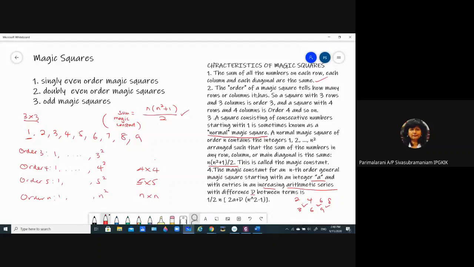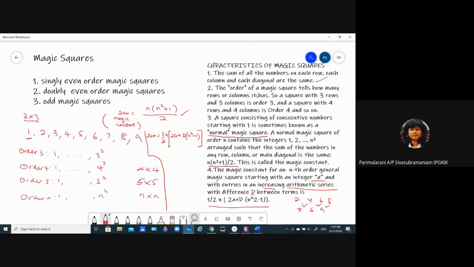then the sum in each row, in each column, or each diagonal is given by this formula. We say that the sum is equal to half n, 2a plus d, n square minus 1. So this is the formula.